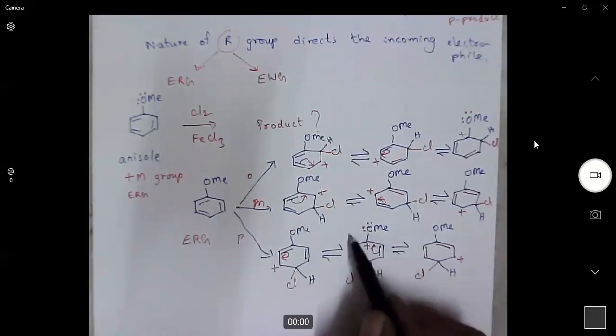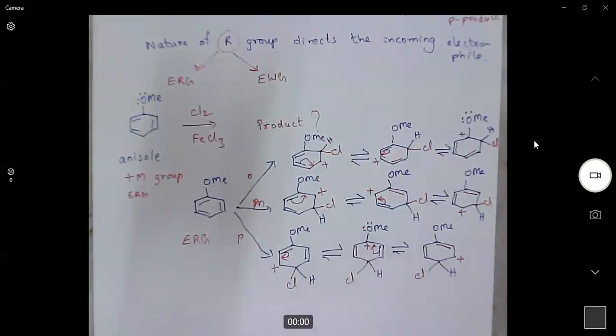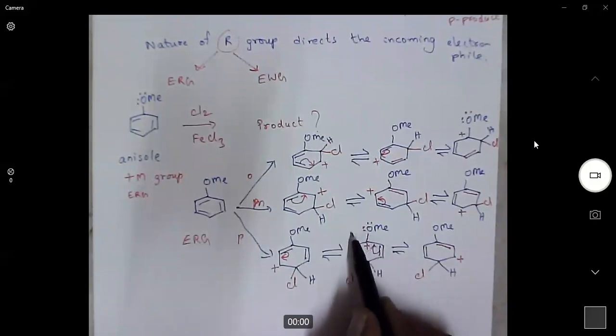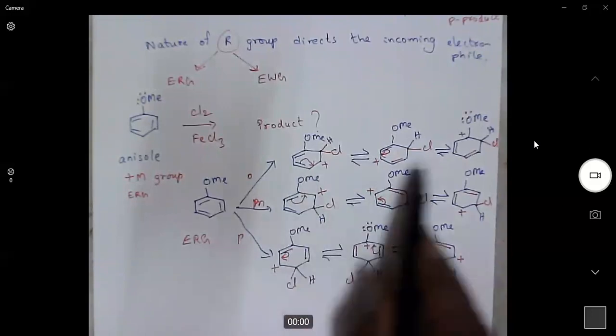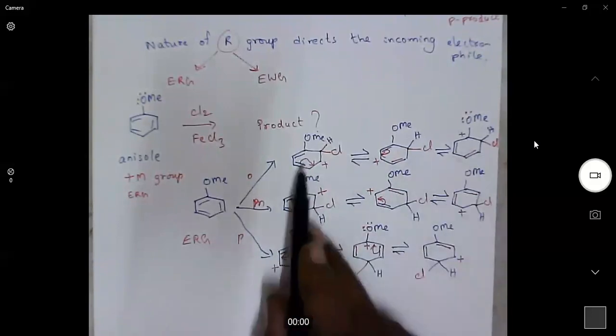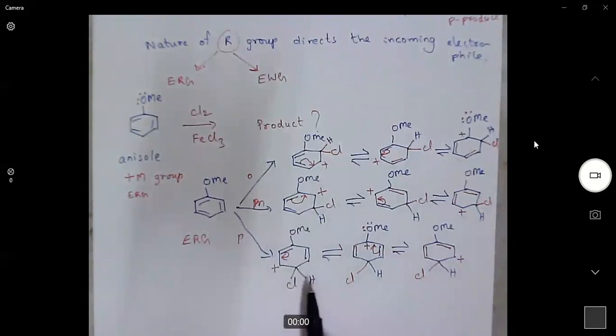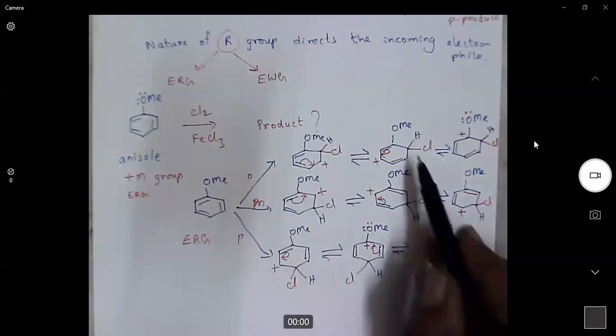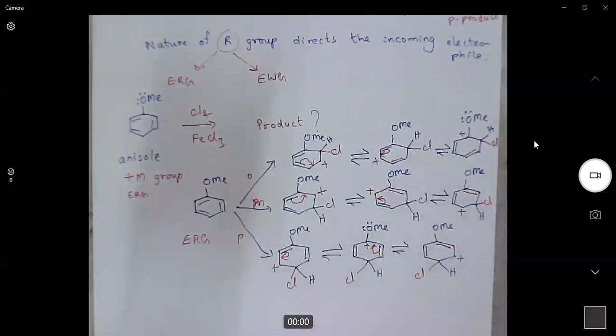It donates electrons mesomerically. That means this lone pair can be completely donated to this carbocation, so that it will have additional stabilization. We have three resonance contributors for the ortho, meta, and para products. So there is no difference in stability according to these resonance contributors, because they are the same for all three products. Now the difference is this carbocation.